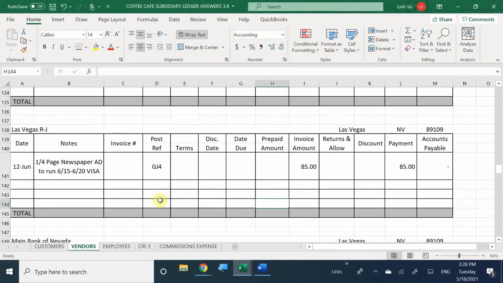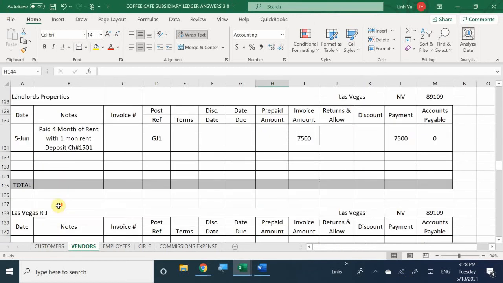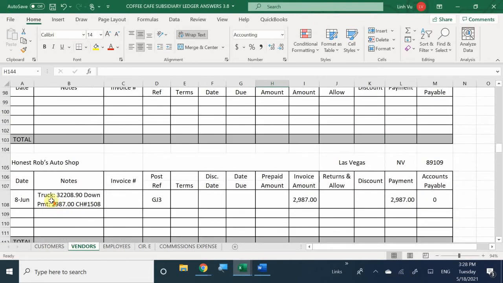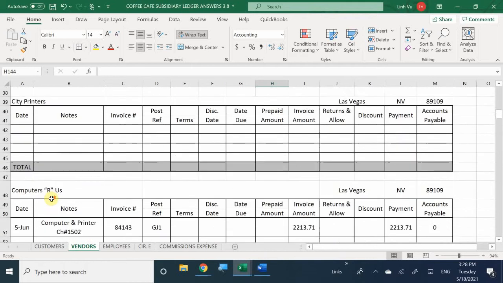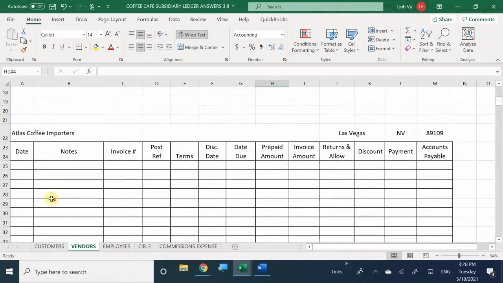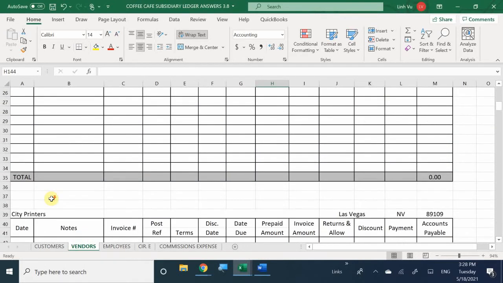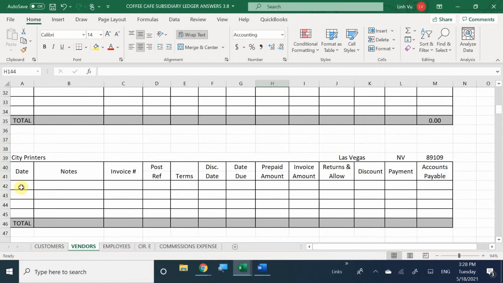So here we made a payment to City Printers, right? That's definitely something you should think about recording. So I'm going to go ahead and locate my City Printers. There it was, I just passed it. City Printers, and I'm going to put the date.